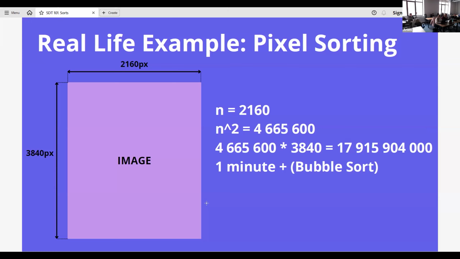So this is such a big difference. And why is this?